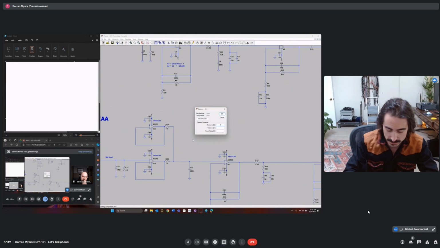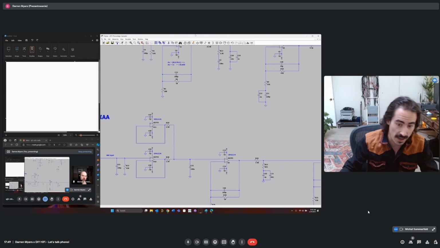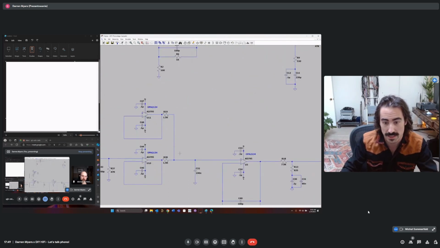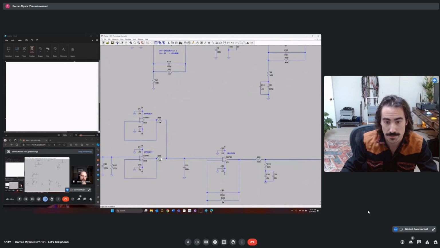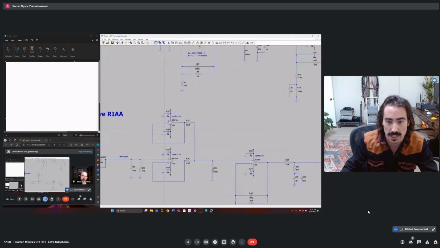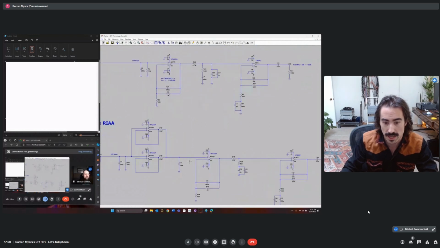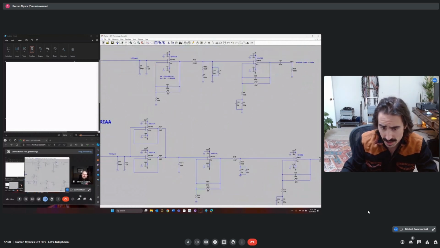So we could say 1.5K, 1.5K, and we would end up with our 75 ohms of source, and we would be able to isolate those two amplifiers, which is generally a good idea when you're talking about paralleling. So that kind of solves a little bit of your issue.